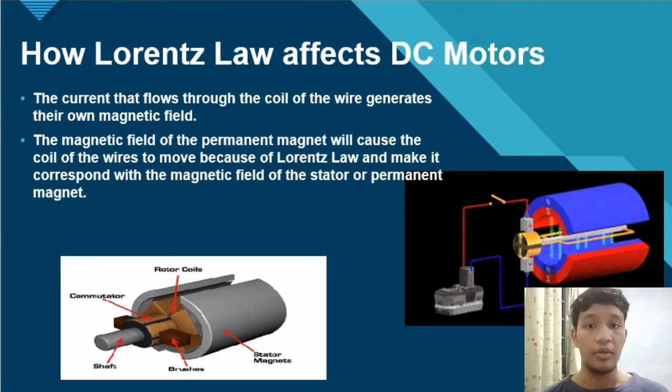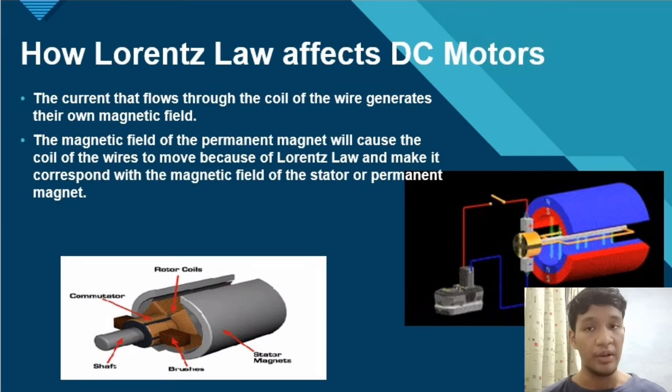The magnetic field of the permanent magnet will cause the coil of wire to move because of Lorentz law, making it correspond with the magnetic field of the stator or permanent magnet. This means that with their own magnetic field, they can be influenced by other magnets near the coil wire.